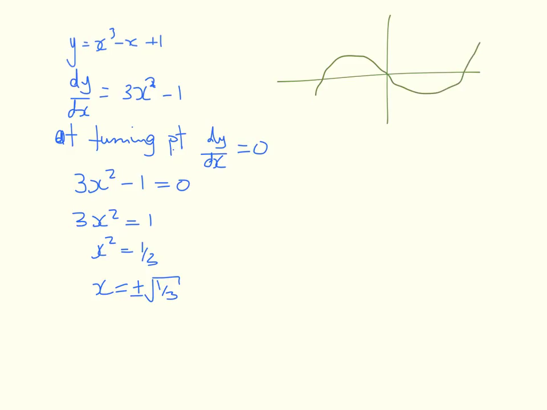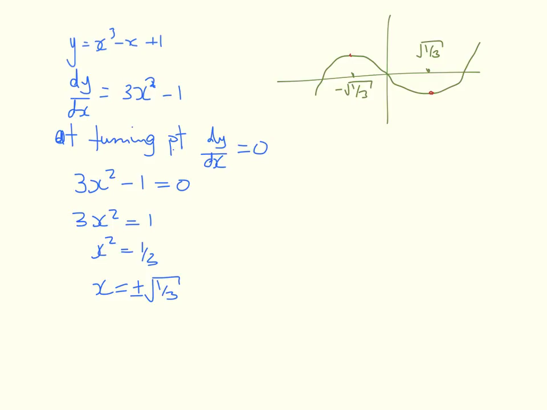And one of my turning points is going to be here, which is positive root a third. And the other turning point might be here, which is negative root a third. So that's fine. We'll go and find out if it's a maximum or minimum. So those are my turning points there. All right, so let's go.